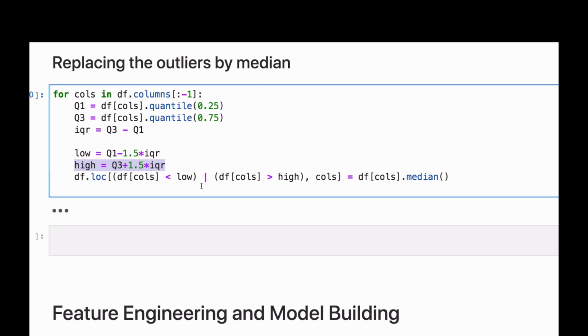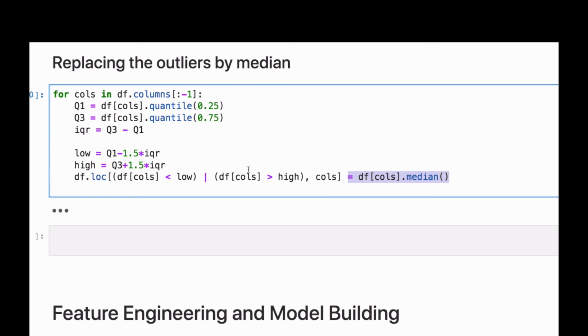So what is happening here is that if we locate any value lower than what we've described here, or any value higher than what we have described here, we replace it with the median of that column.